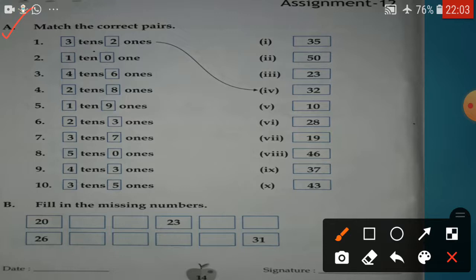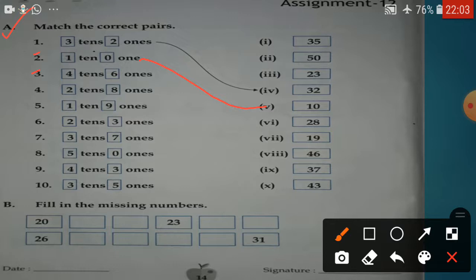Okay, so match 32. Number 2, 1 ten 0 ones means 10.